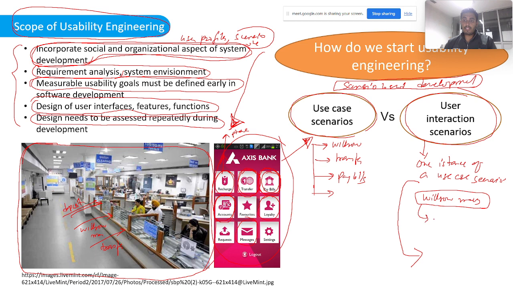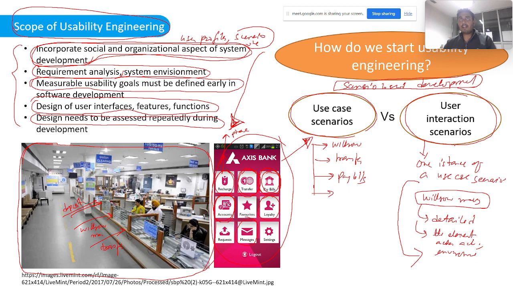This is more detailed, and it gives information about all the elements involved, like actors, various actions, and the environment in which that particular activity is accomplished. All that information is provided in user interaction scenarios.